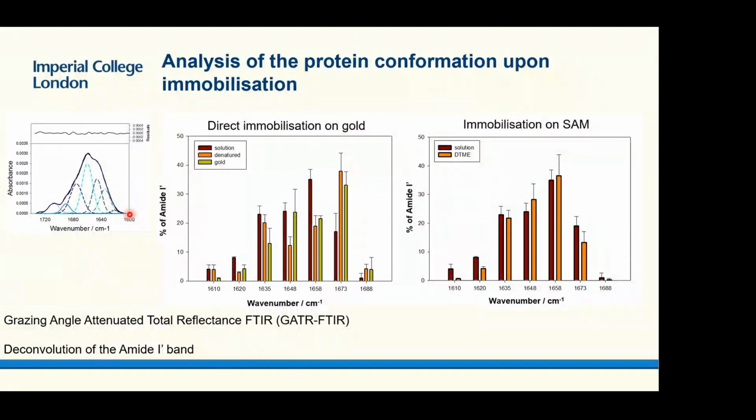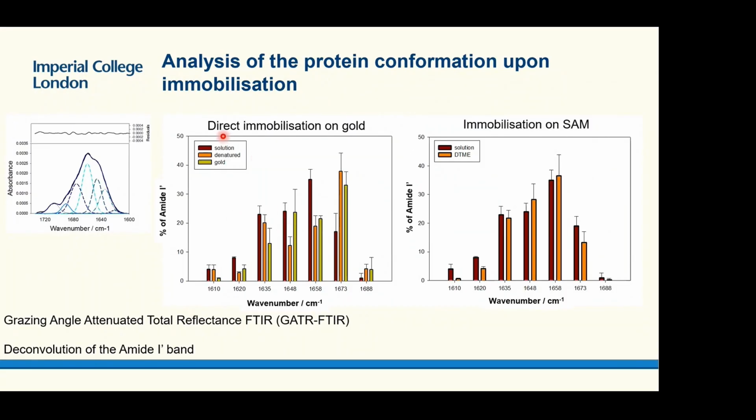In this case, we can use grazing angle attenuated total reflectance FTIR to study the amide 1 band of the protein immobilized on the surface. And what we can see is that depending on the type of immobilization, the convolution of the amide band shows changes in the distribution of the components of the different bands that form the amide 1 band.